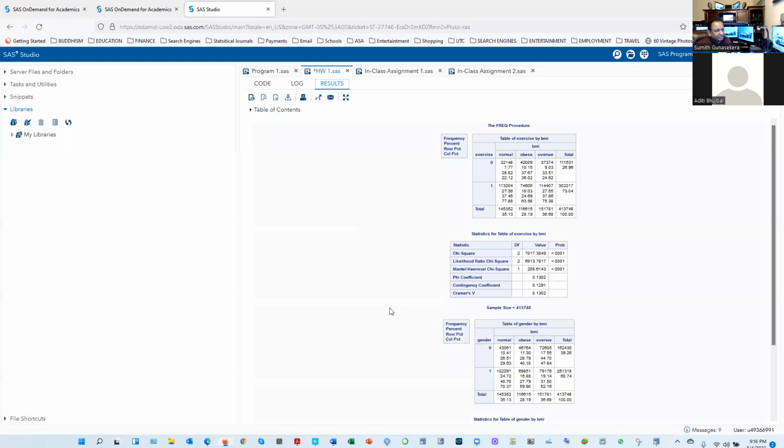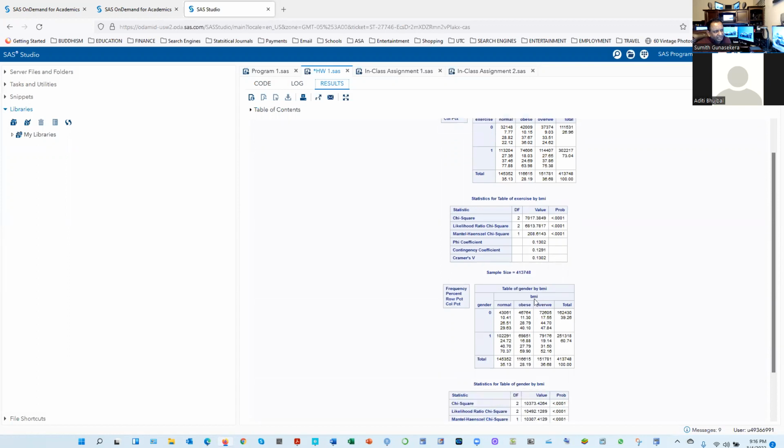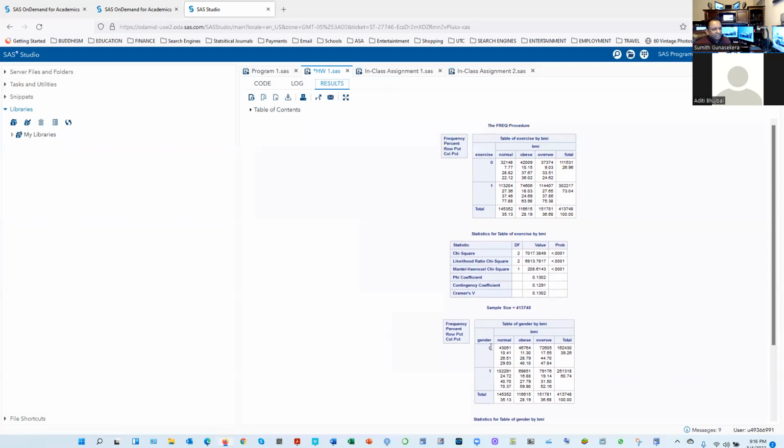See, you get BMI versus exercise, body mass index, and BMI versus gender. How is the BMI going to change? You can see it here: female, male. Whether you do exercise or not, how is the BMI seen?